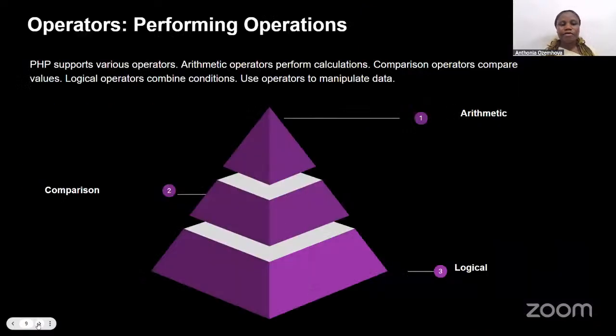Moving on, we also have what we call operators in PHP. PHP supports various operators. We have the arithmetic operators we use to perform calculations. Comparison operators compare values. We have our logical operators that combine conditions.